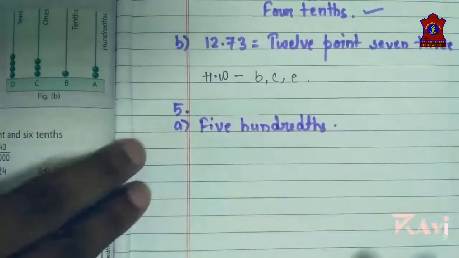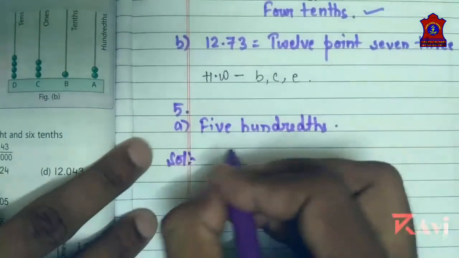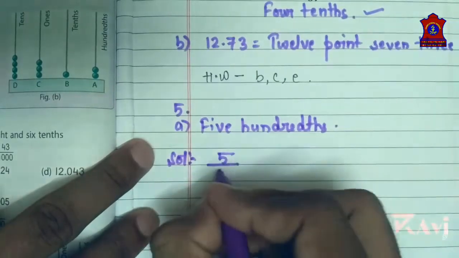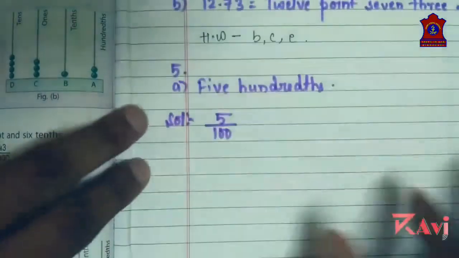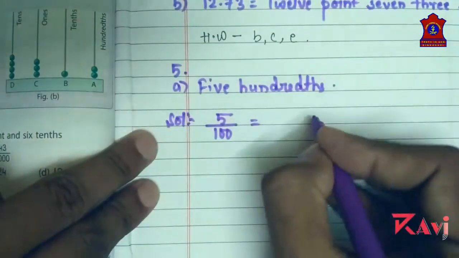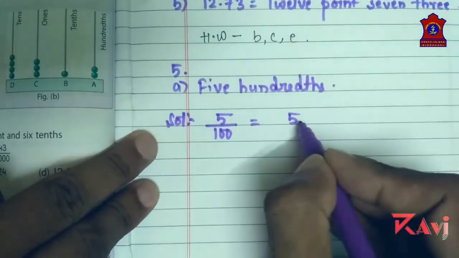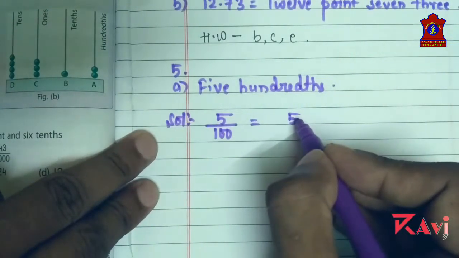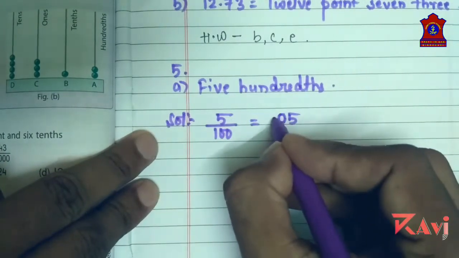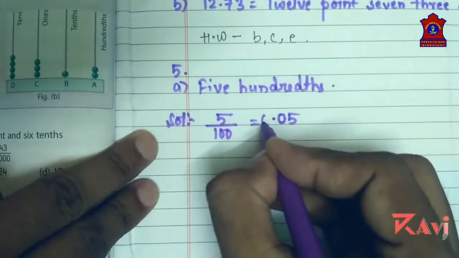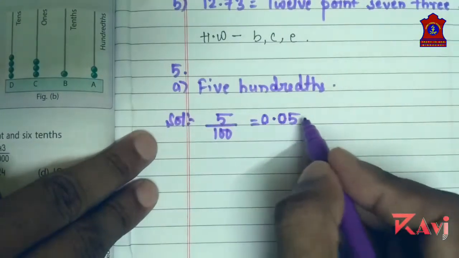To write this in decimal, what you will be doing? 5 upon 100, and the question is asking you to write in decimals. See, decimals means write 5. How many zeros are there? 2. Now count from the right. 1 is 5 only, other digit is not there, so add a 0 and then add a decimal, then we are adding a 0 again, so the value will be 0.05.